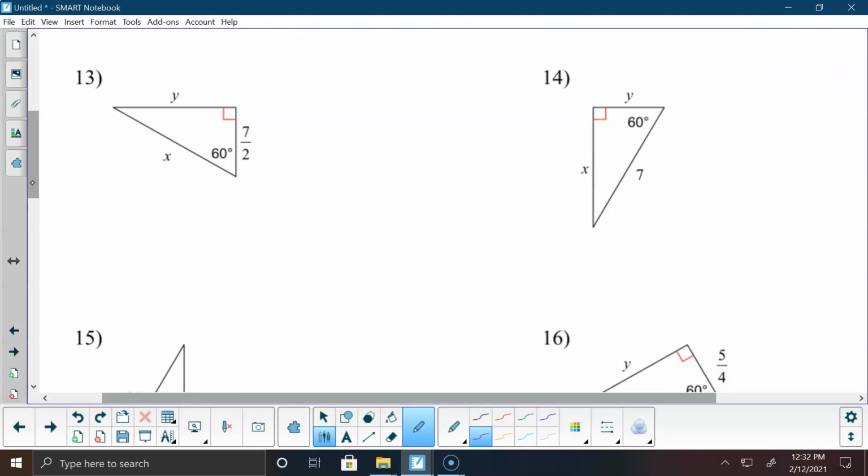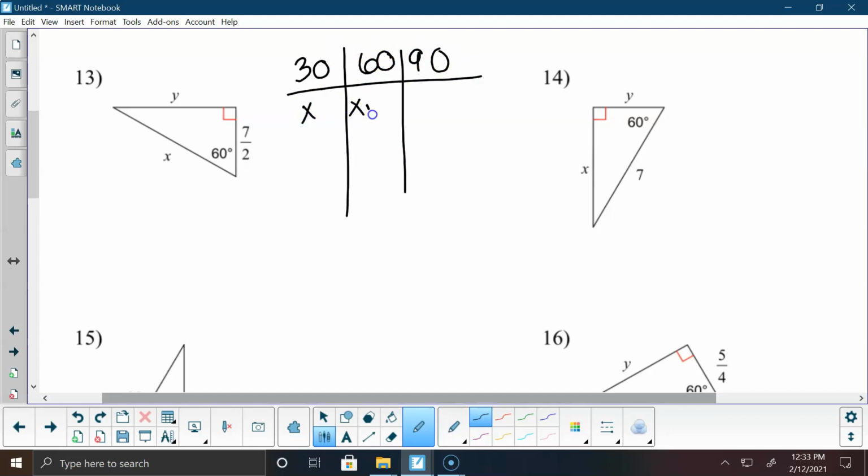Here's 13 and 14. Like, of the fraction, I just slap it on the top. Yep. Because on 13, what did I give you? The 30, the 60.